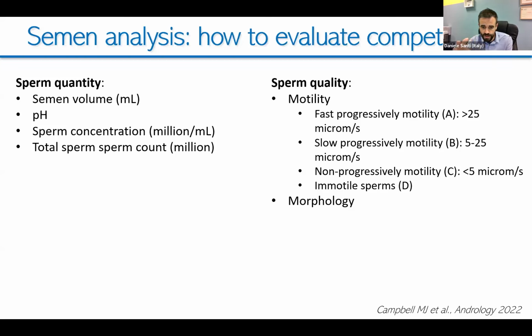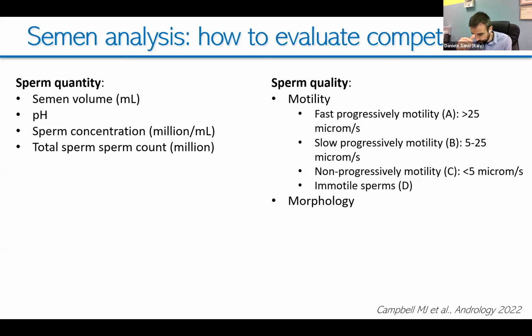This is obviously a source of variability among laboratories, because not all laboratories that we can use clinically report the examination with this information. But the most important point to remember is that none of these parameters is able to give us information about the real competence of the sperm, and competence is the ability of the sperm to fecundate the oocyte.